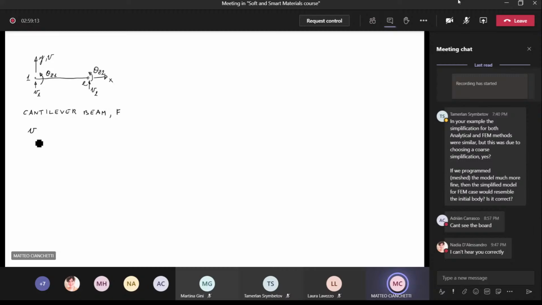where V max is the deflection, as we defined, the displacement along Y. Sorry, along Y. V max is equal to F L to the power of 3 on 3 E I. This is a known equation. I'm not going to derive this equation.